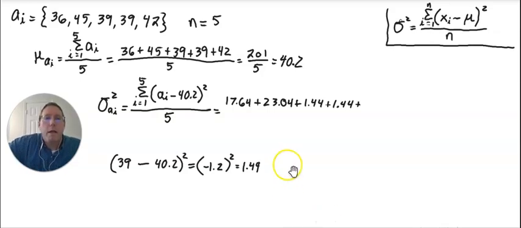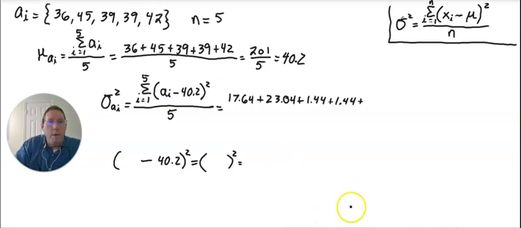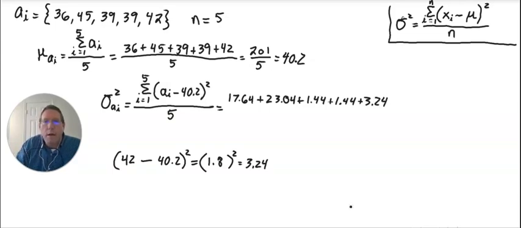Now we're going to plug in 42. 42 minus 40.2 is 1.8. 1.8 squared is 3.24. So our last number here is going to be 3.24. And then we'll add that whole thing up, divide by 5.